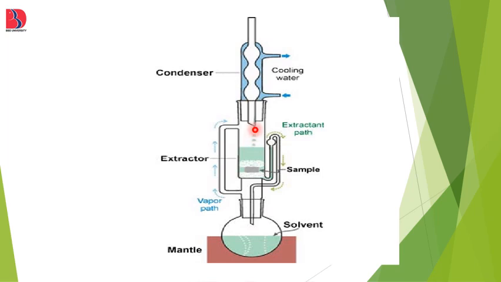And in English, the simple meaning of percolation is to pass through. That means the solvent is slowly passing through the drug. When it passes through the drug, it extracts the components which are soluble in the solvent, so that the phytoconstituents pass into the solvent.